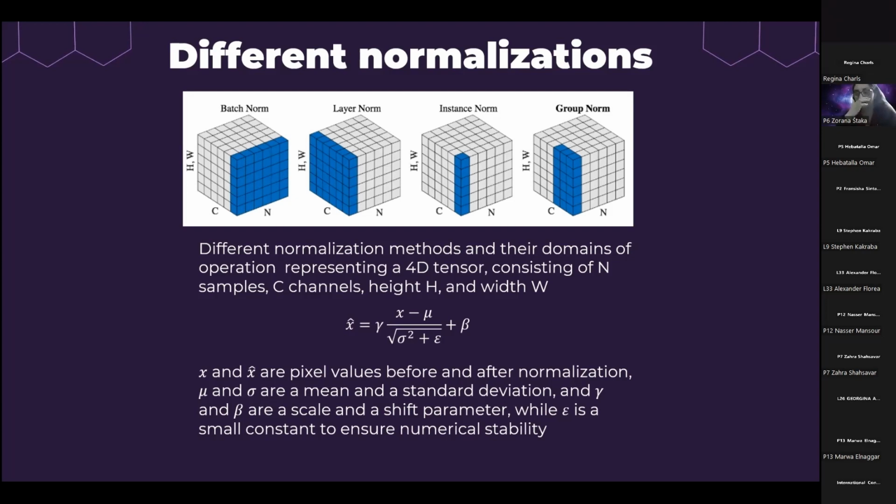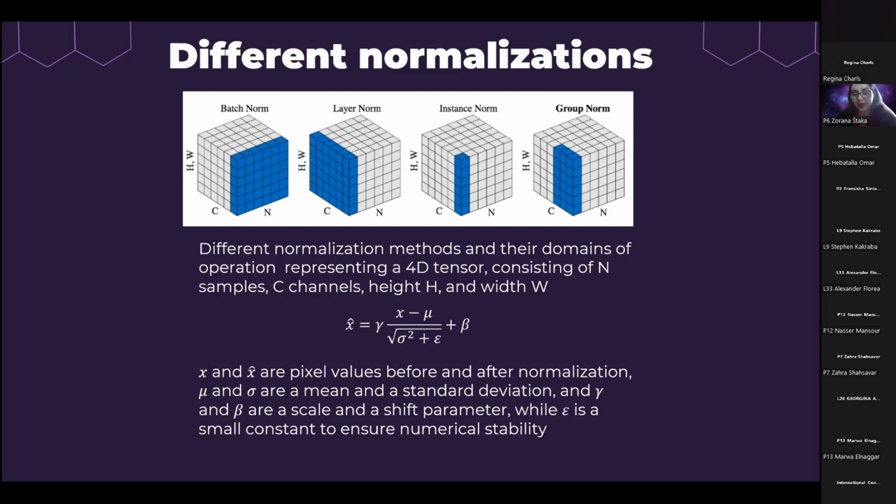Here we also see a formula that is shared between different normalization types: batch, layer, instance, group, or switchable normalization. We just have a different population. It's the mean and variance from statistics that are calculated on different sample size or population size.